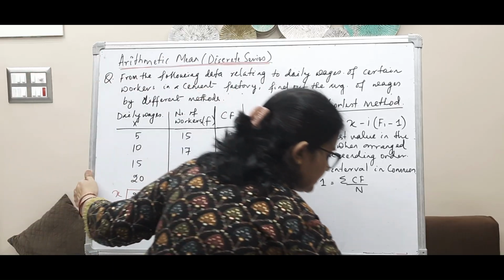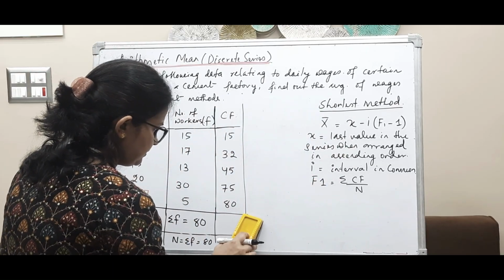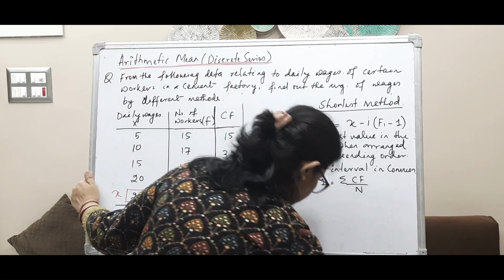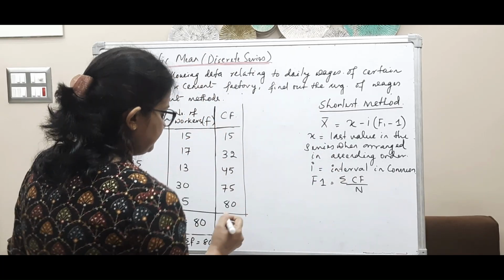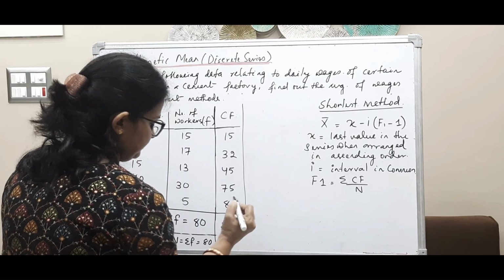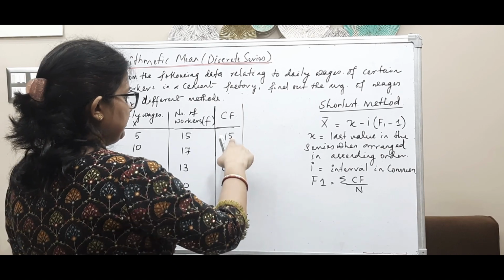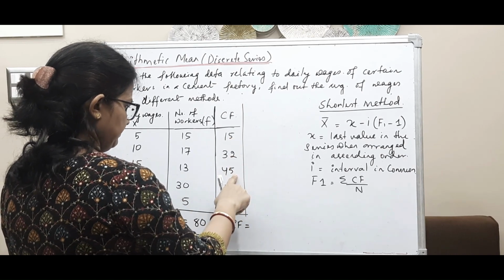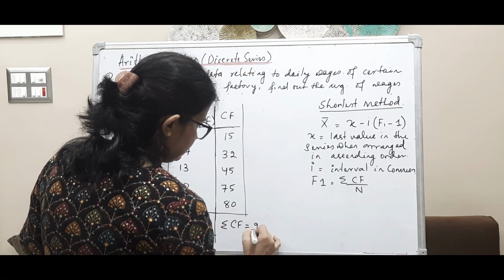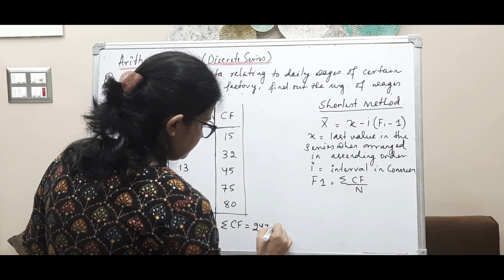So what is sigma of CF? This is our cumulative frequency. We need to find the sigma of CF. So sigma of CF is equal to, we go on adding 15 plus 32 plus 45 plus 75 plus 80. So this we can write as 247.